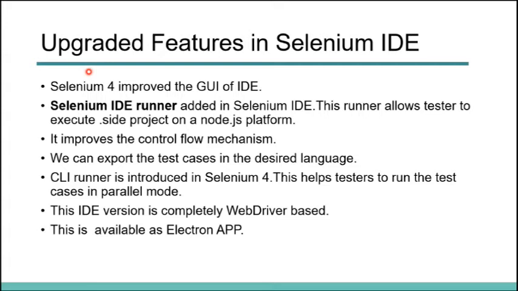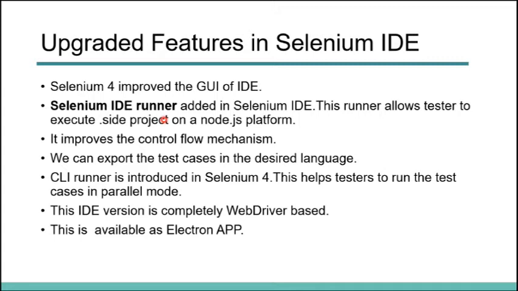For a better user experience, Selenium 4 improved the GUI of the IDE. In Selenium 4, a runner is added in Selenium IDE, which is known as side-runner, aka Selenium IDE runner.